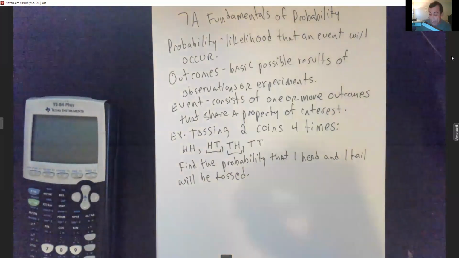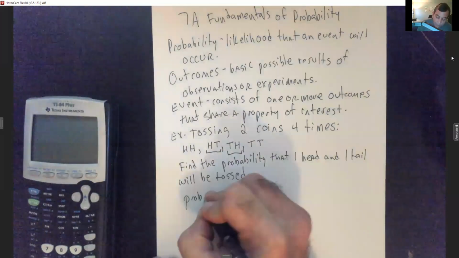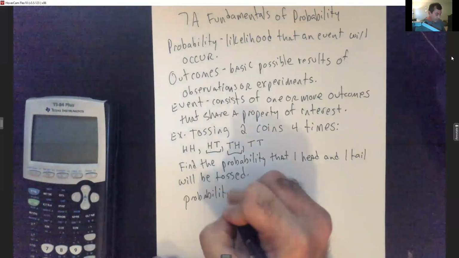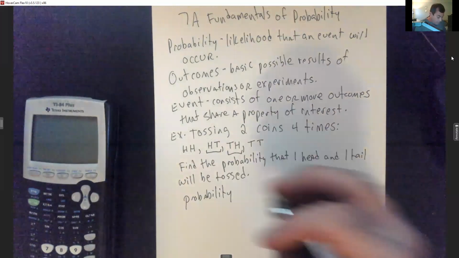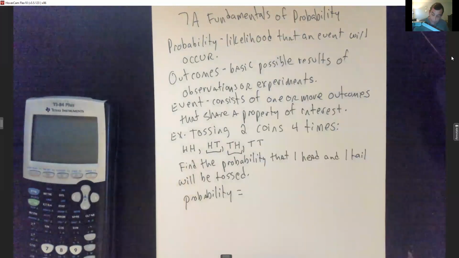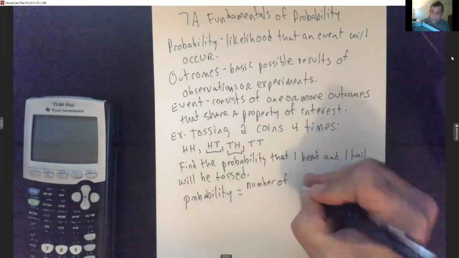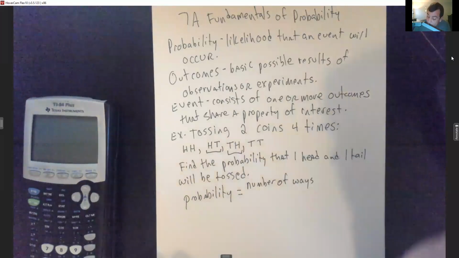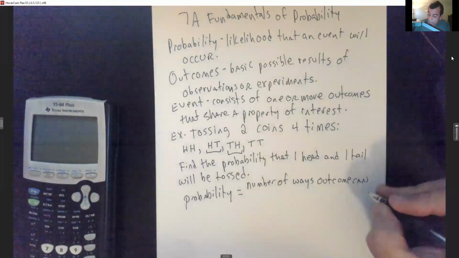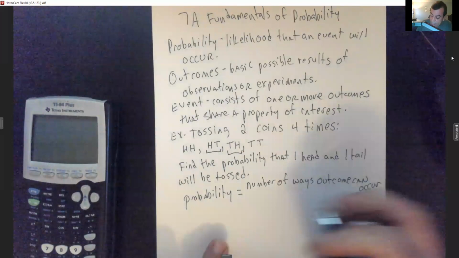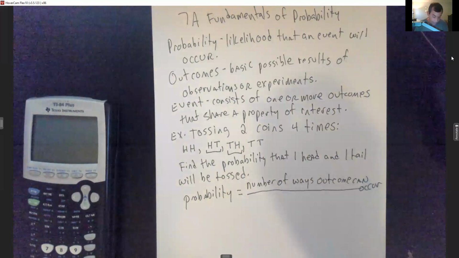So when you're looking for the probability, your probability is going to equal the number of ways the outcome can occur, divided by the total number of outcomes.